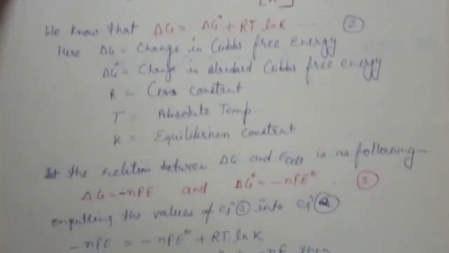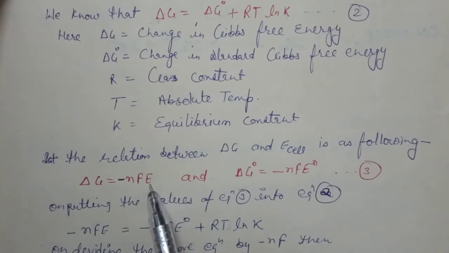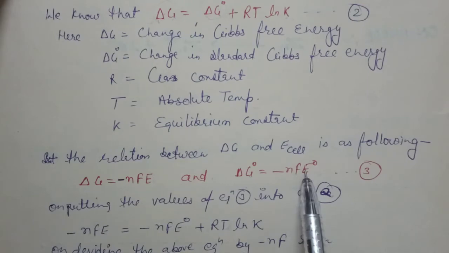F is the Faraday constant, and E and E naught are the EMF. E is the E cell or E electrode in experimental conditions, E naught is in standard conditions.